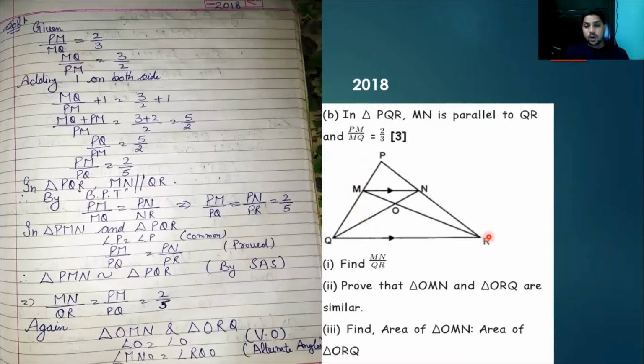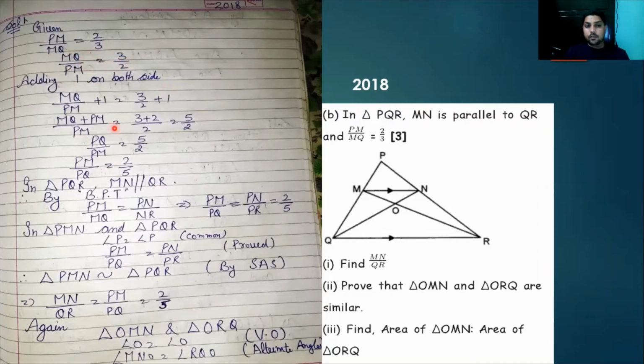Here we can directly apply the BPT theorem, or we can follow a different procedure also. We have PM over MQ equal to 2/3. Inverting it, we have MQ upon PM equal to 3/2.